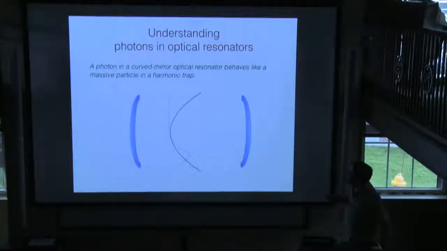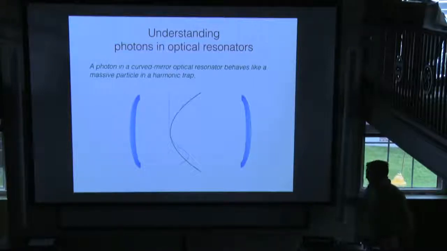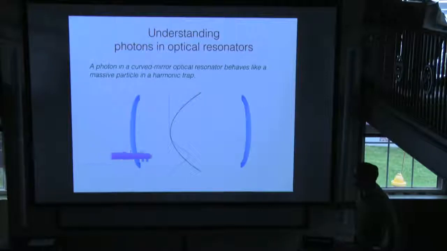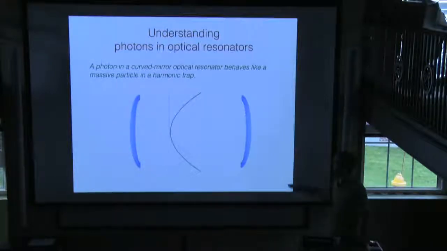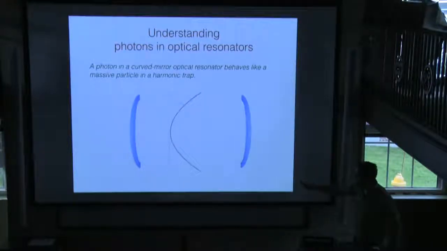Okay? So the story then is just, if you want to think from a totally classical perspective, and here when I say classical and quantum mechanical, what I really mean is particle and wave, not anything about entanglement like before. If we send light in off-axis, the claim is that it bounces back and forth between these two cavity mirrors, both longitudinally, and it also oscillates back and forth laterally.